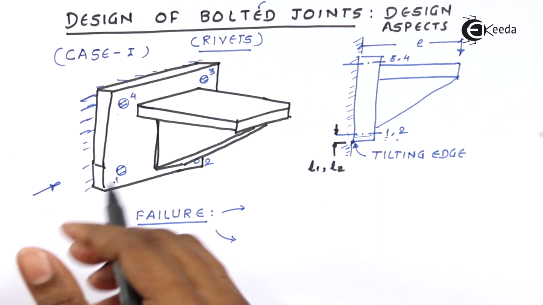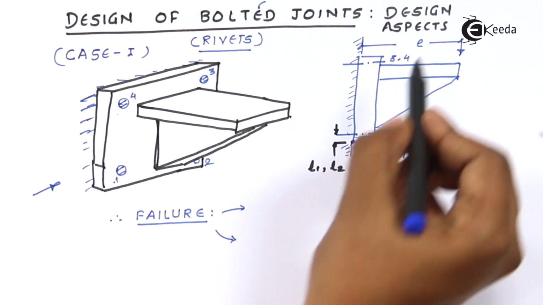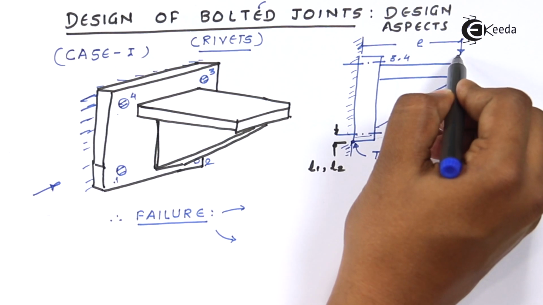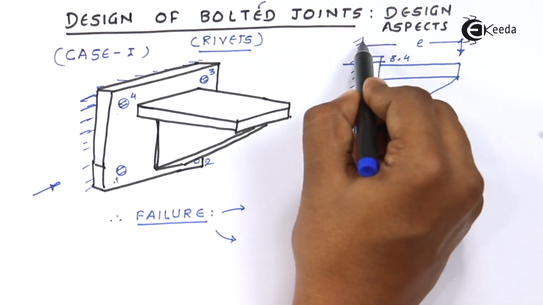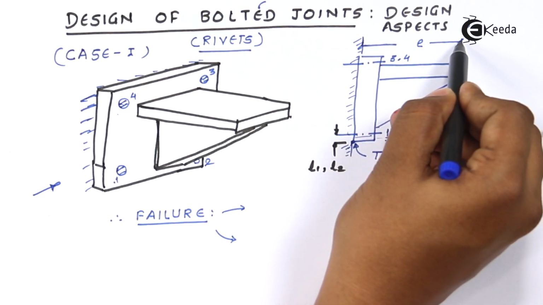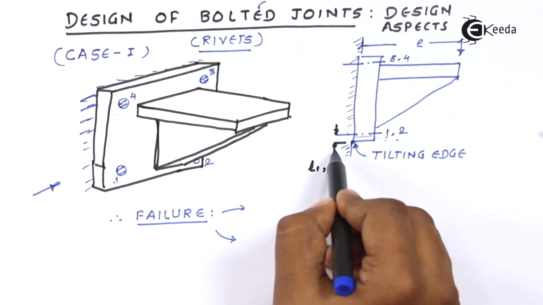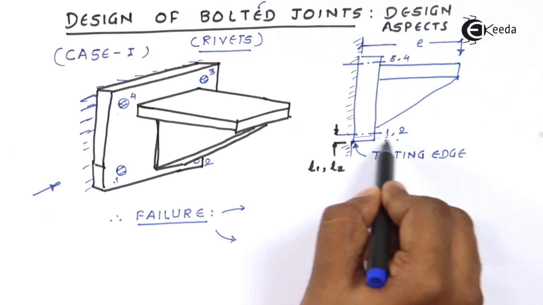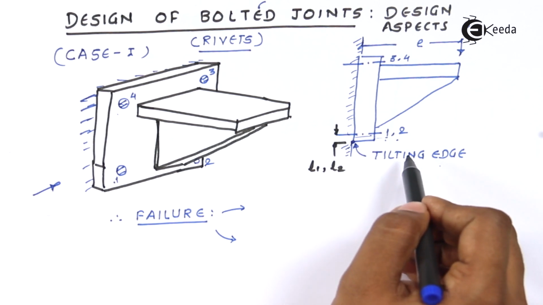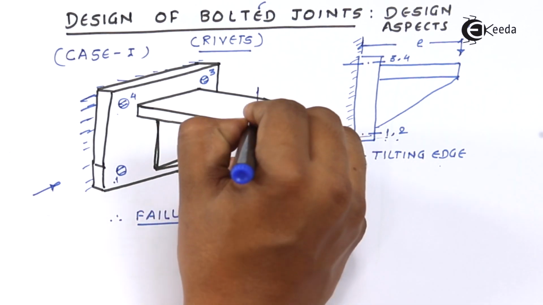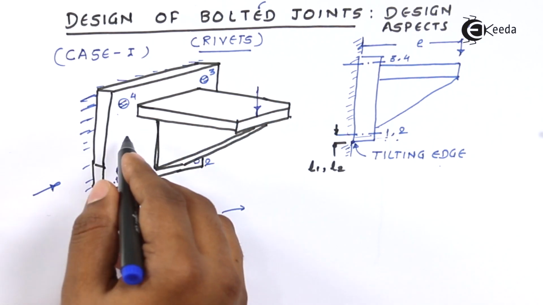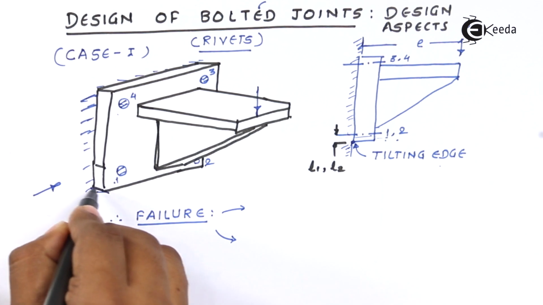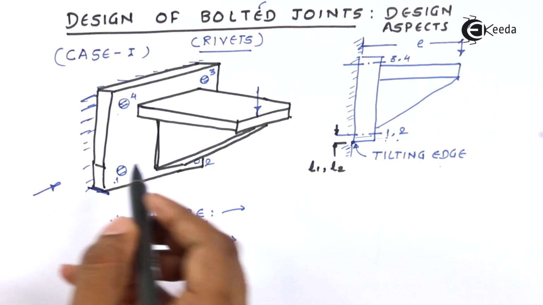Now there are some important parameters. Force P is acting like this with some eccentric distance. I'll measure the distance from the wall up to the line of action of the force. And there are also the distances of the tilting edge. Since the force is acting in such a manner, the tilting, if it has to happen, will happen about this particular edge, which is the lowermost edge.